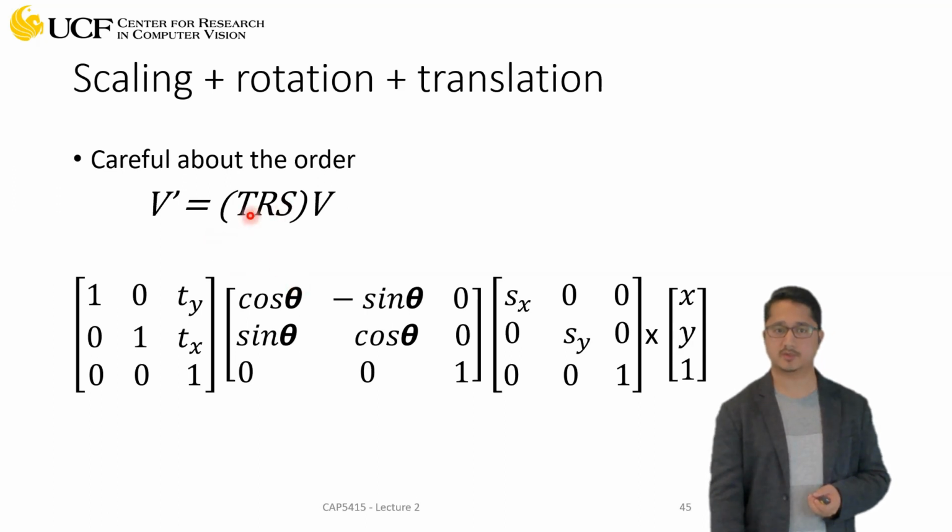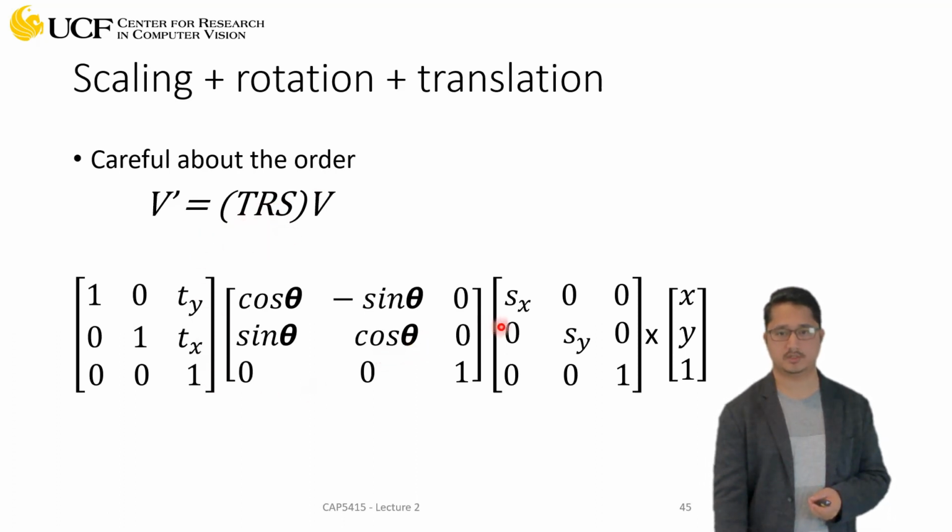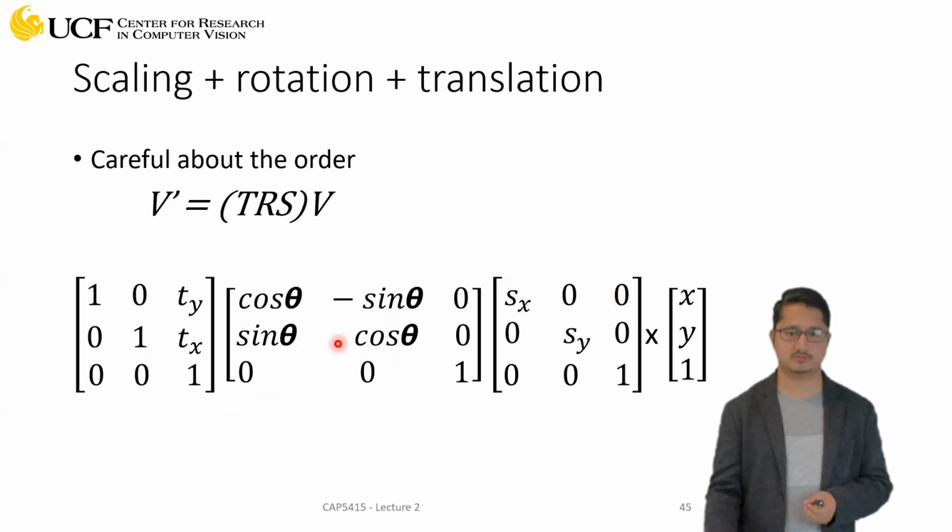And you can just multiply all these three matrices to get a single matrix, or you can keep them separate, as we have shown in this equation over here. So you start with the translation, then this is the rotation, and this is the scaling. And of course, you can't switch the order here. That will change the meaning of your operations. All right. So this is everything in the same matrix.